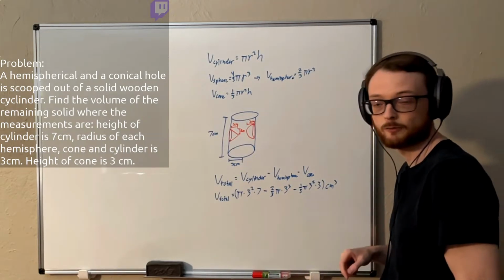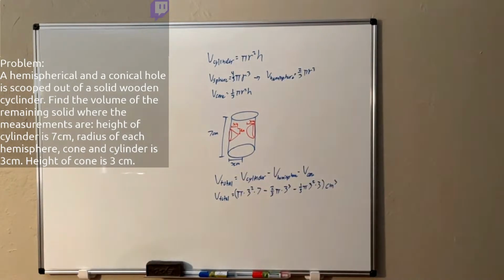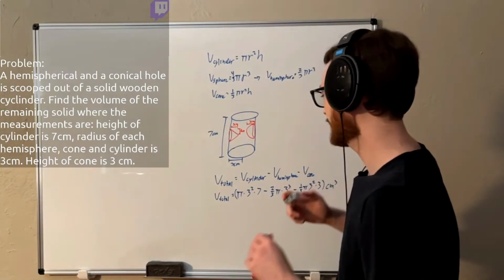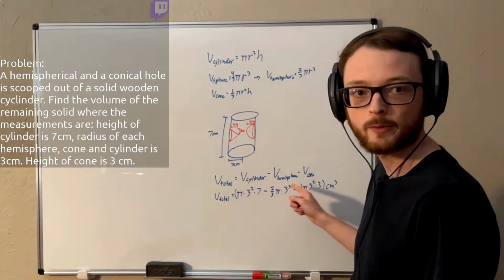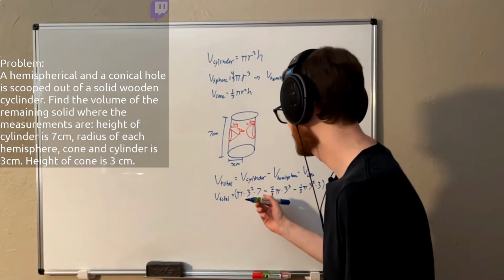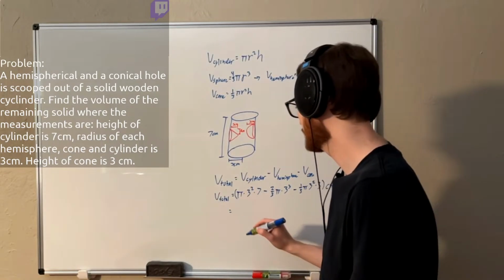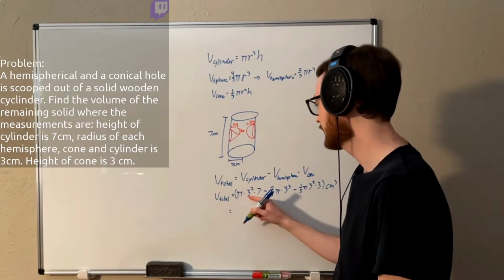From here, I will plug it into a calculator. Oh, actually, no, let's not do that yet. You could plug this into a calculator. They might want the exact answer, though. So let's actually work out what this math is going to be.